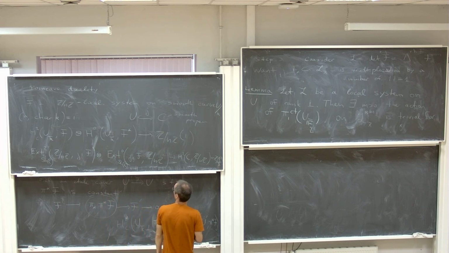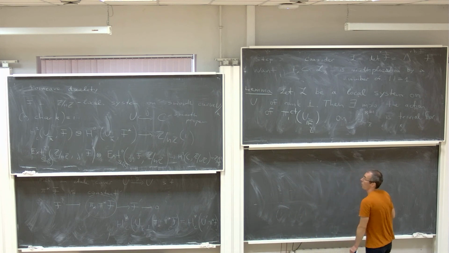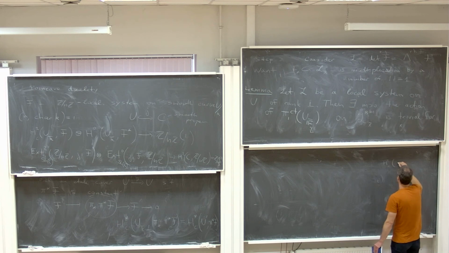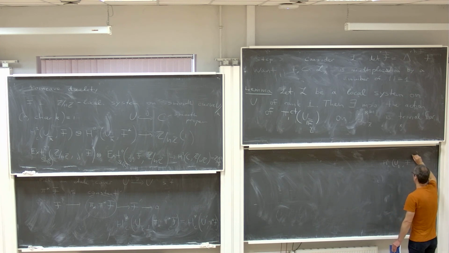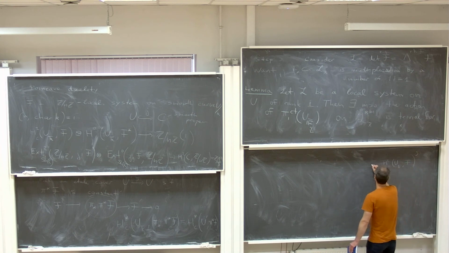So both are delta functors. So I have H_c of U_k̄ with coefficients in F, and this is a dual.